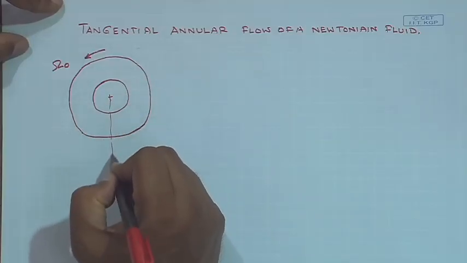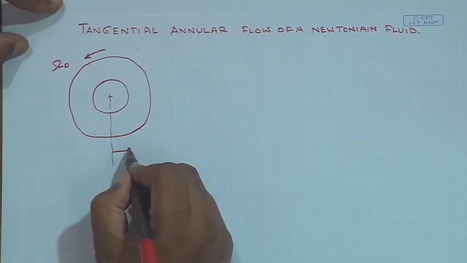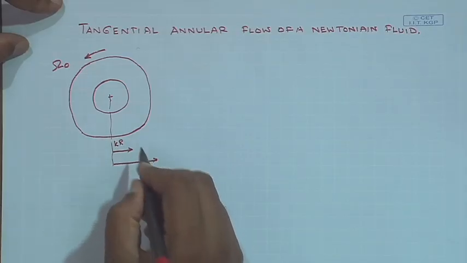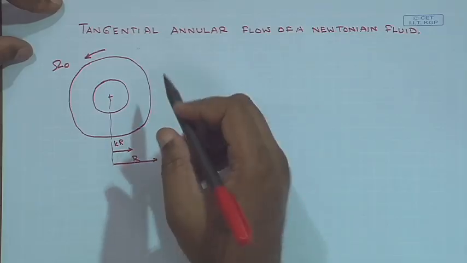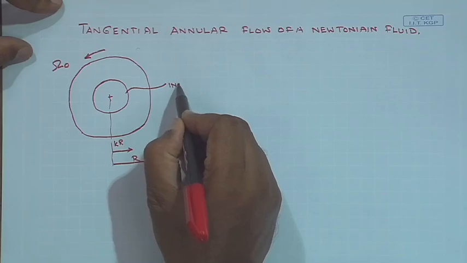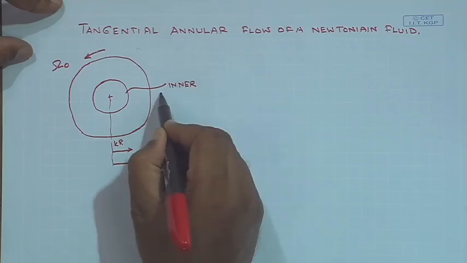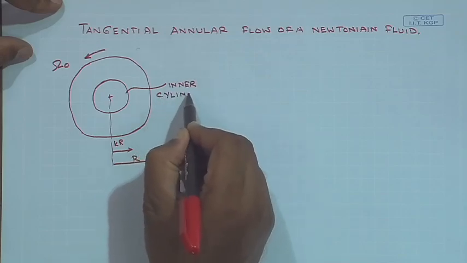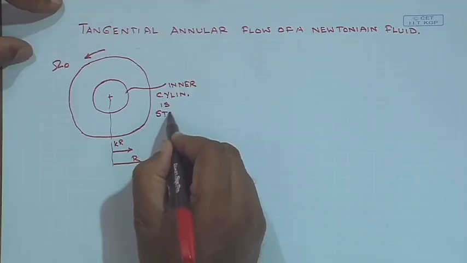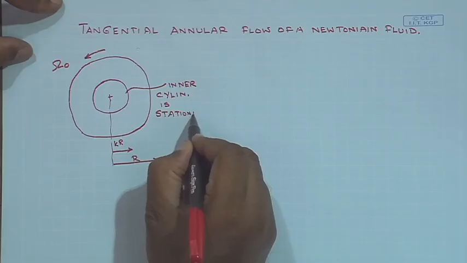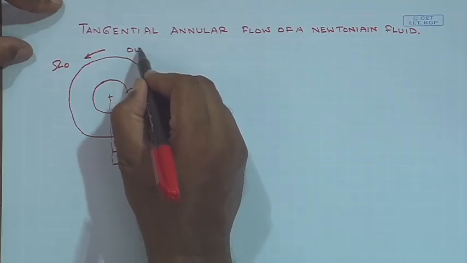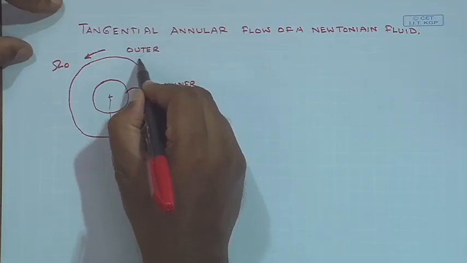The inner radius is kR, the outer radius is equal to R, and the inner cylinder is stationary, the outer is rotating.